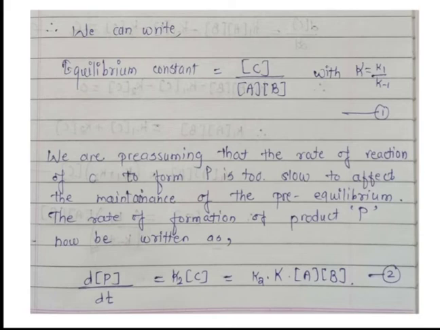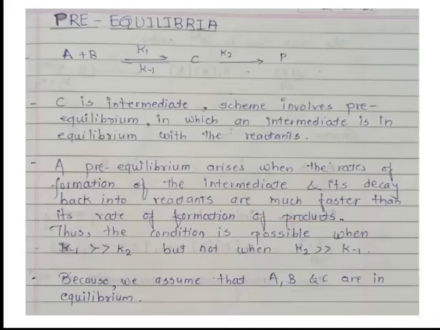Next, we assume that the rate of reaction of C to form product P is very slow, so it does not affect the maintenance of the pre-equilibrium. This rate of formation of product is very low, and that's why it does not affect the pre-equilibrium.